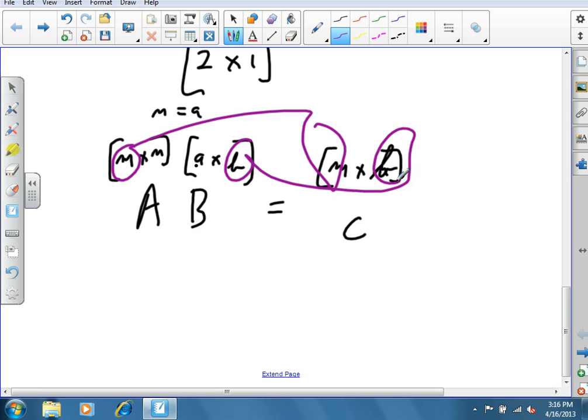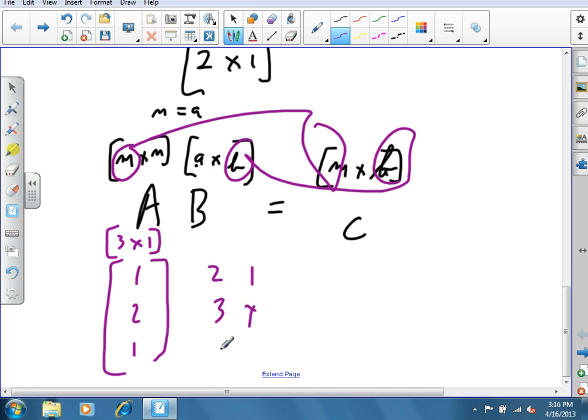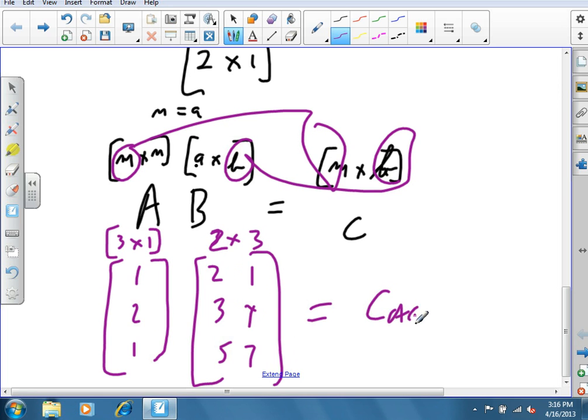Okay, so if I have something 1, 2, 1, which is a 3 by 1, and I try to multiply that by 2, 1, 3, 4, 5, 7, which is a 2 by 3, I can't do it. I can't do it because 1 is not equal to 2.